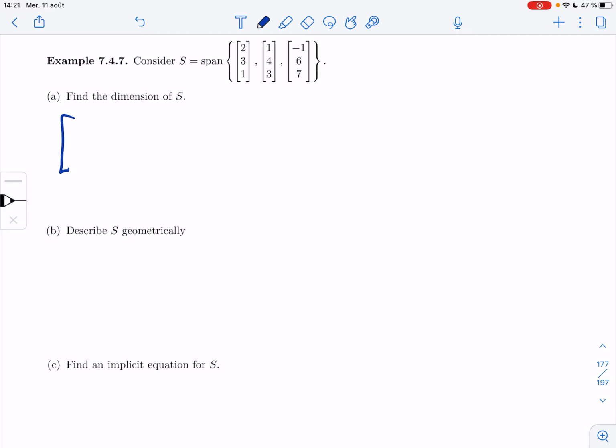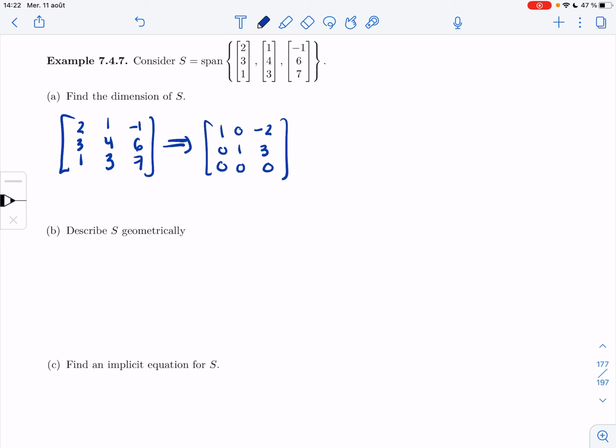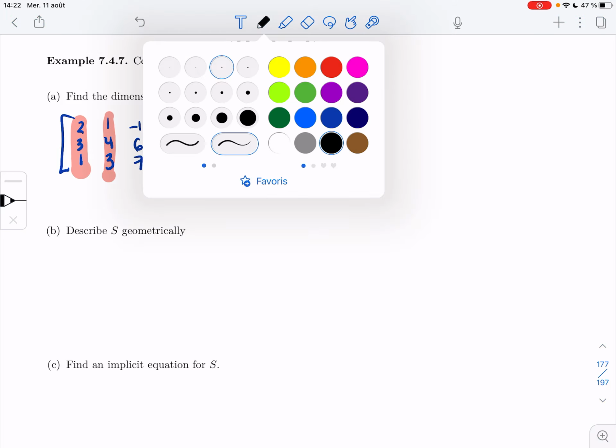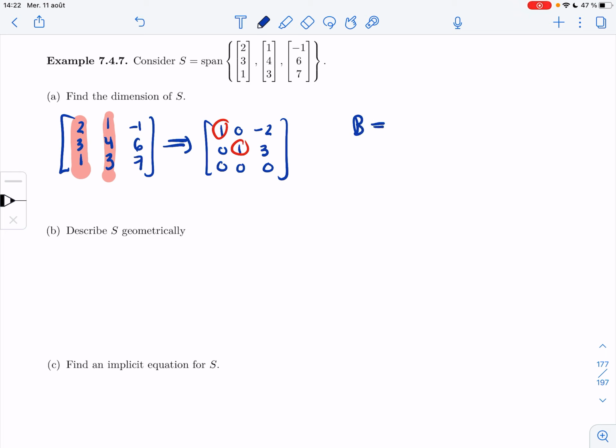We have our method. I'm going to put these vectors here, and I'm going to get minus 2, 3, 0. So I have two leading ones. That means I must take the two corresponding vectors, and so B will be (2, 3, 1), (1, 4, 3).